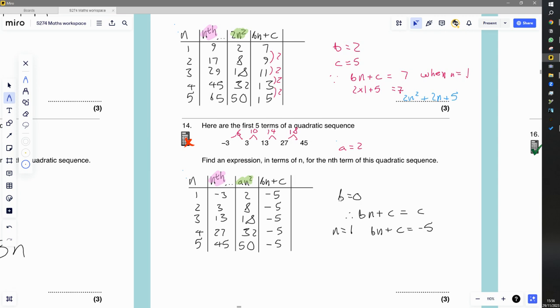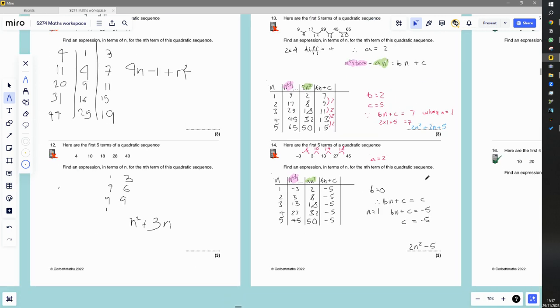So basically, C is minus 5, because we can see that in all cases Bn plus C is minus 5, and it doesn't matter what n is, because it's going to be multiplied by 0. So for the first term it's minus 5, for the second term minus 5, and so on. So the nth term in this case is just going to be 2n squared minus 5.